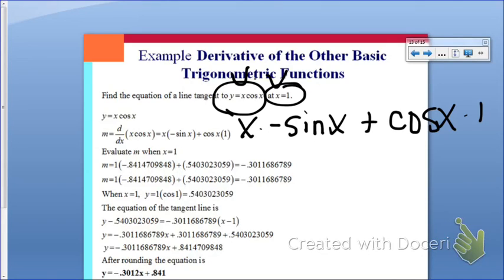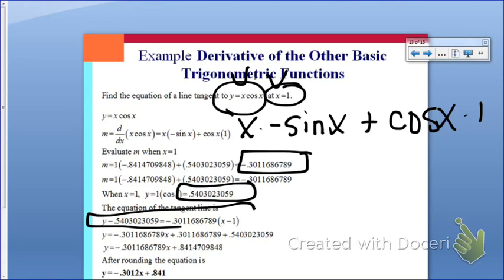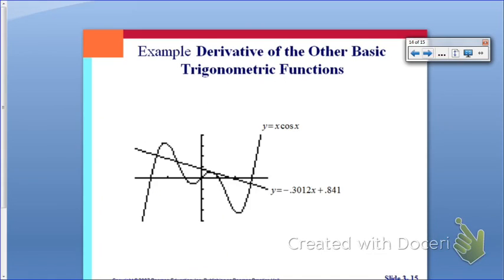And evaluate that at 1, so if we plug in a 1, we can see the work. Here's the y and the slope. Our equation is right here for solving. Here's the picture of that function we just looked at and its tangent line.